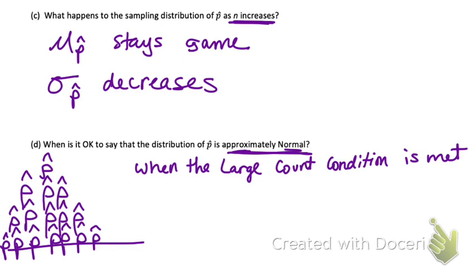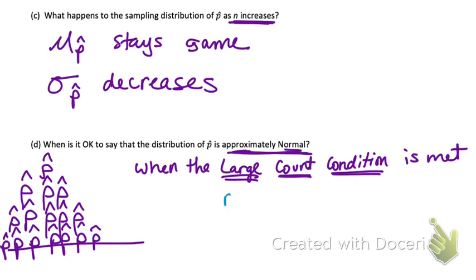When the large count condition is met, that's when you get an approximately normal p-hat distribution. So, what question do you have for me? What's the large count condition?